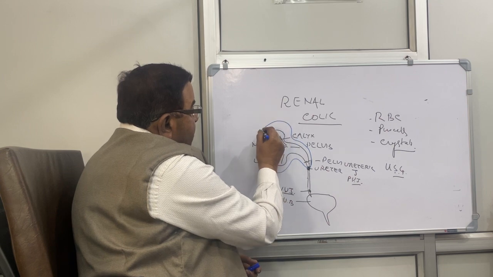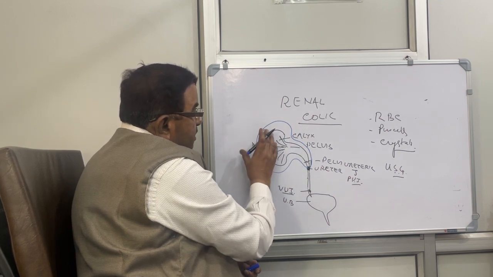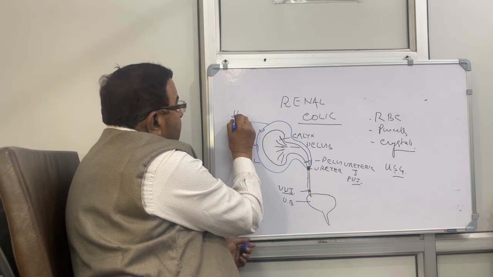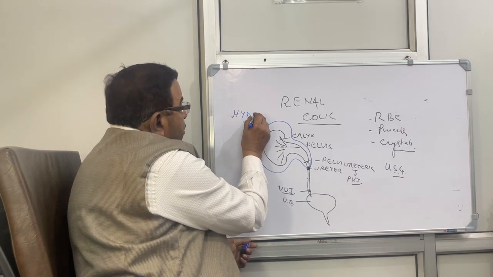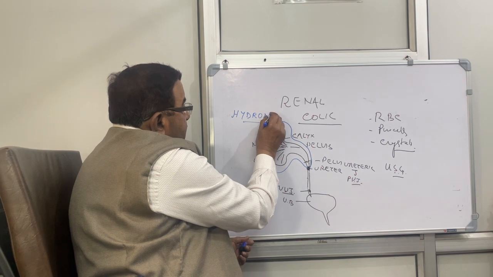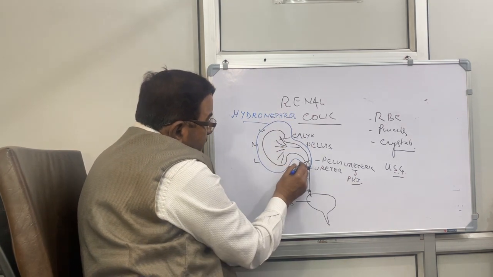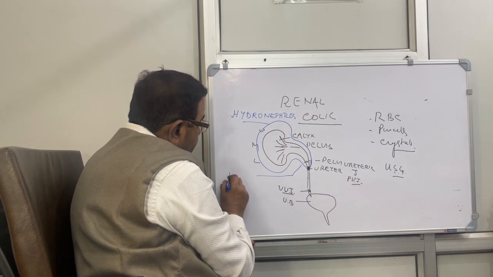This dilatation and back pressure change in the ureter and kidney are known as hydronephrosis and hydroureter. In the kidney it is called hydronephrosis, and in the ureter, hydroureter.